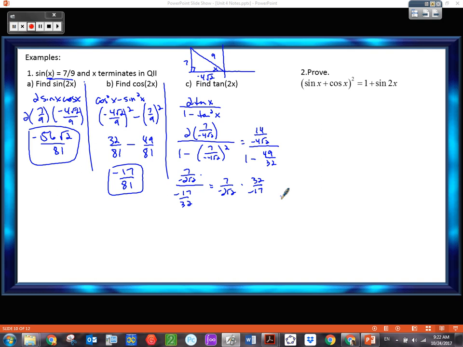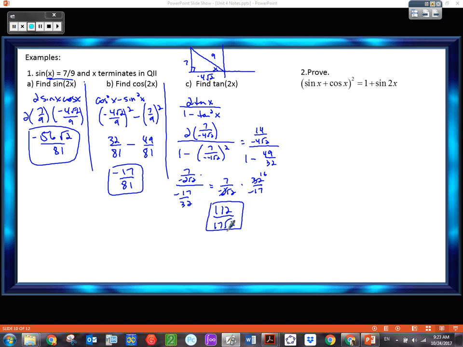You know me, I want to avoid big numbers, so I would reduce this 2 and this 32. You don't have to. I would make that a 16. And then we multiply 16 times 7, which is 112. A negative times a negative is a positive, over 17 root 2.